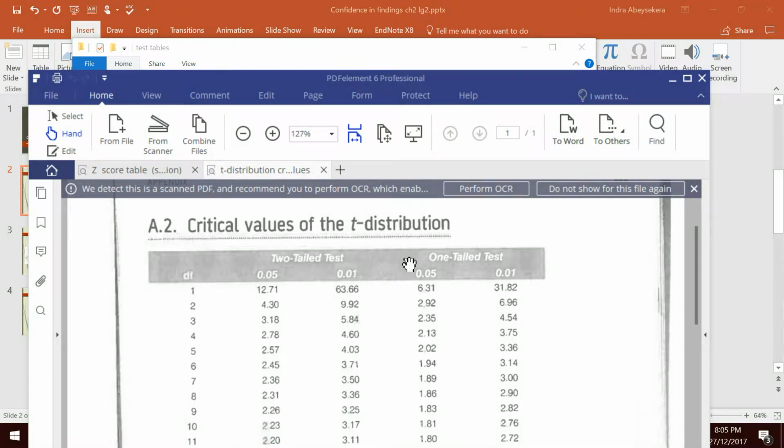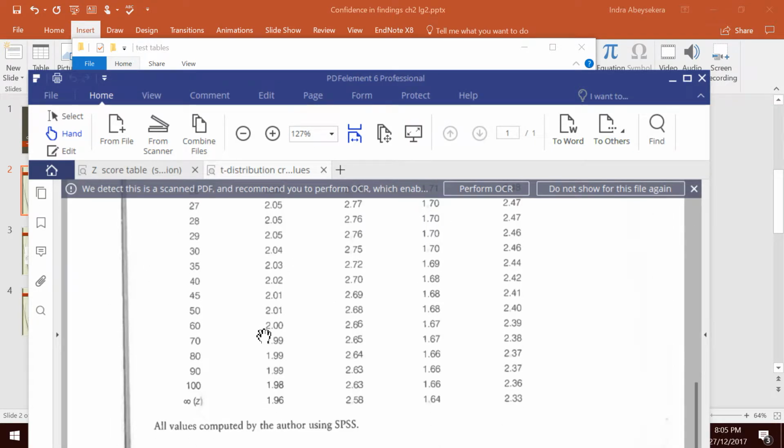On the other hand, if I show you the t-value tables, you see here the first column is degree of freedom, and then two-tailed test and one-tailed test. If the test is done thinking that any significance can be on either side, the confidence interval is on both sides equally spread, then we use the two-tailed test.